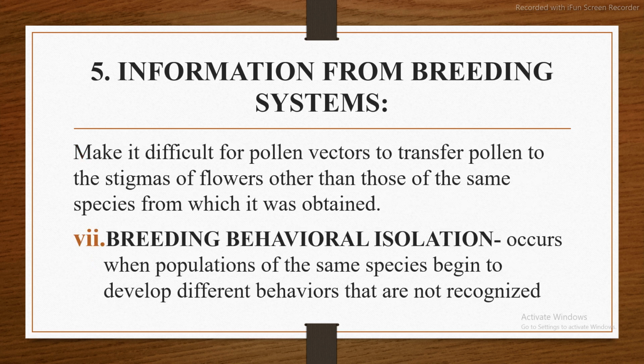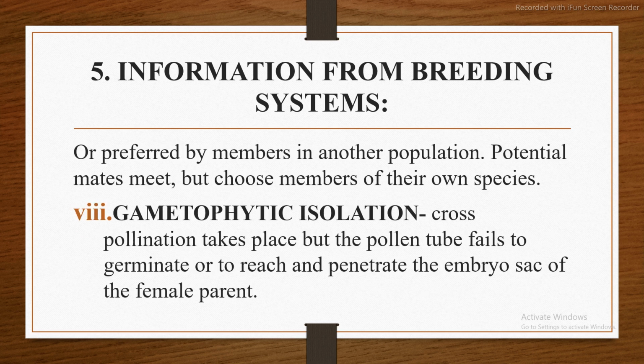Next is breeding behavioral isolation. It occurs when populations of the same species begin to develop different behaviors that are not recognized or preferred by members in another population. Potential mates meet but choose members of their own species. Next is gametophytic isolation.